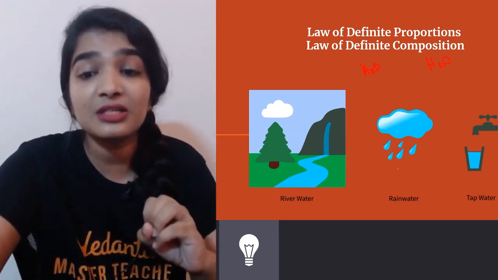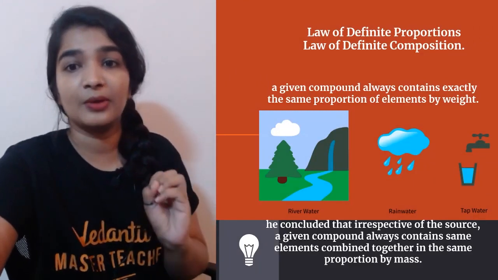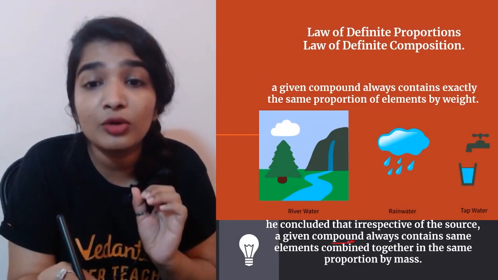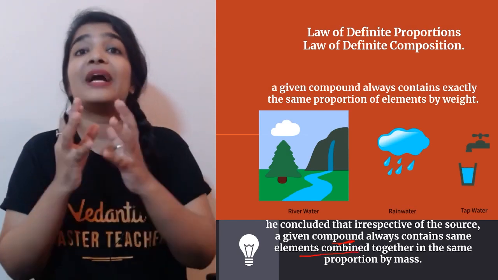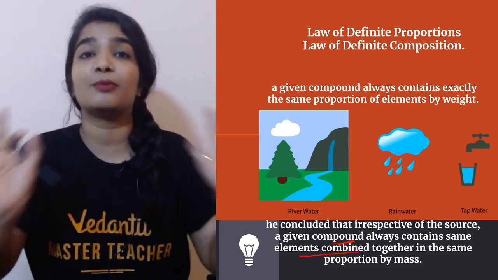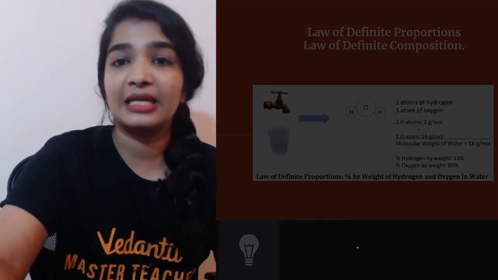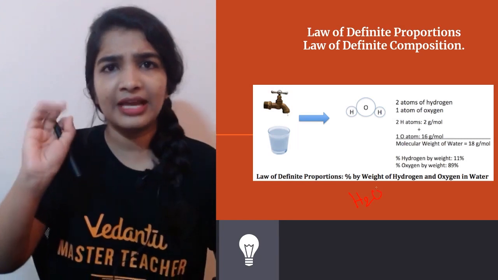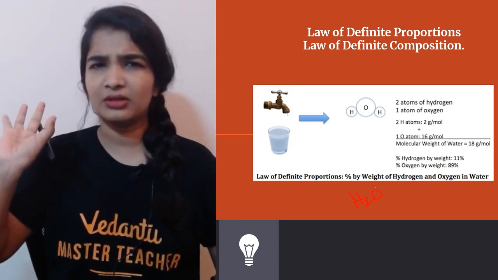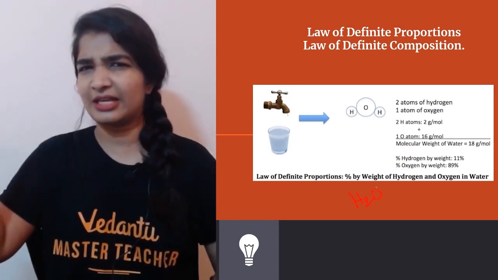Irrespective of the source, a given compound will always contain the same elements combined together in a fixed proportion. For example, let's take water only. H2O, right? Everywhere it is H2O only, no? Or at your place is it H2O3 and all that?